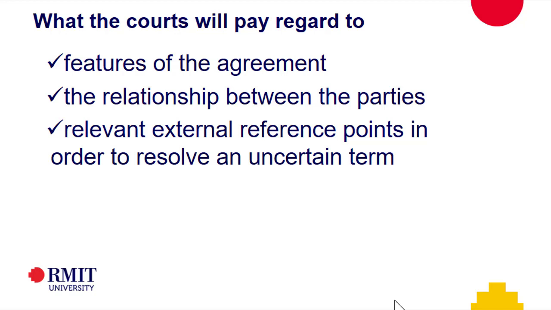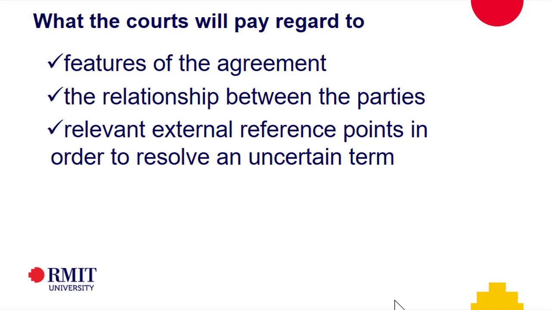The courts will pay regard to the features of the agreement, the relationships between the parties, and to relevant external reference points in order to resolve an uncertain term. So in Hunter Valley, that's what they did. They looked at relevant external reference points. They said, these are commercial people who've reached an agreement.